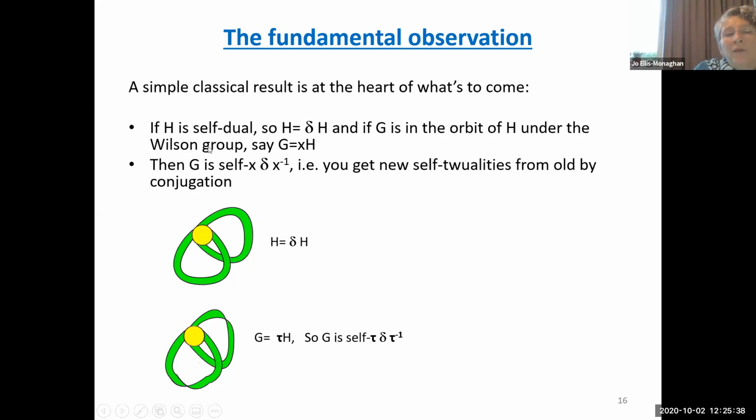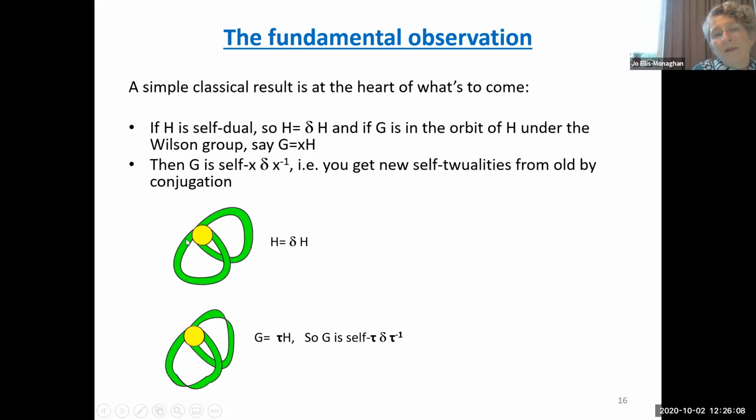Then this graph that's in the orbit of something that you know is self-dual is itself self-something. And you find out what that something is by conjugating. So G will be self whatever you get by conjugating by whatever you did to get G in the orbit of H. All right.